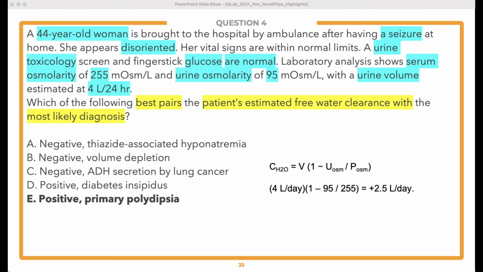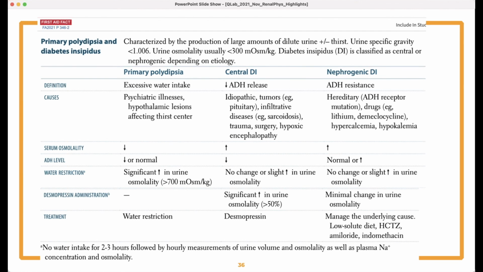So if we take a look at the next slide, what we'll see here are some of the common causes of polydipsia and diabetes insipidus. So with primary polydipsia or diabetes insipidus, you get production of large amounts of dilute urine, okay? Urine osmolality less than 300.